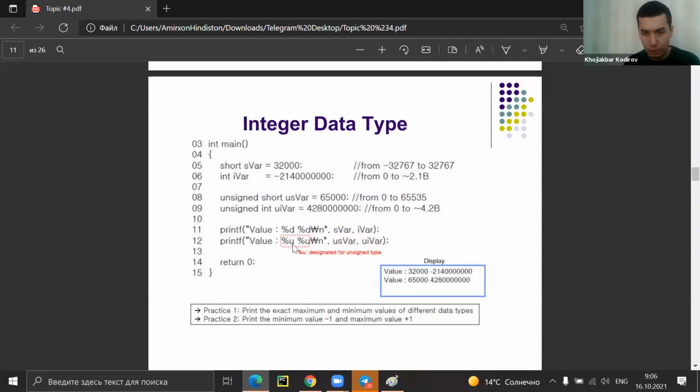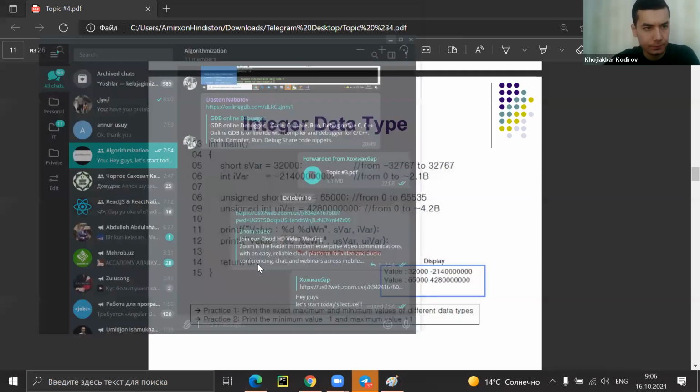So you can type it and check. Should we run this? Yes, it will be good. Just check how it works. Just a second, guys.